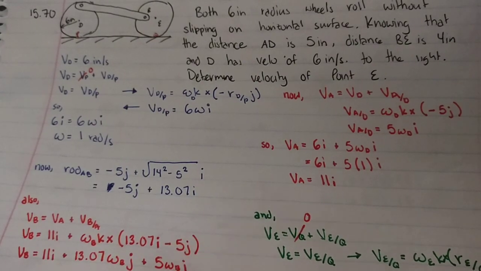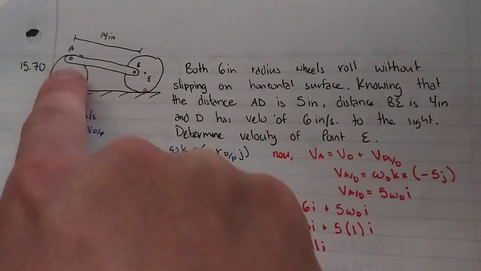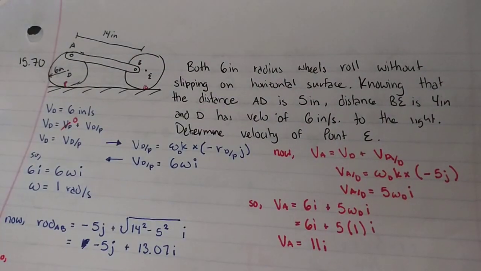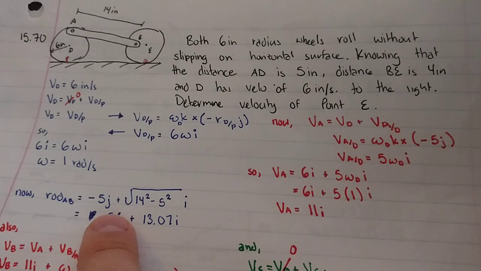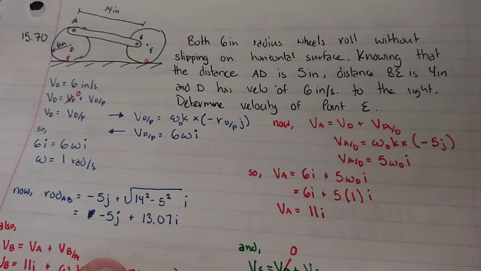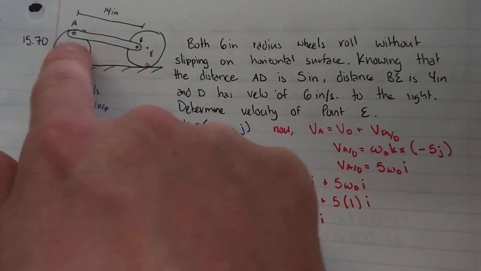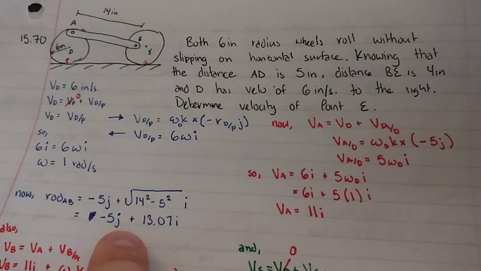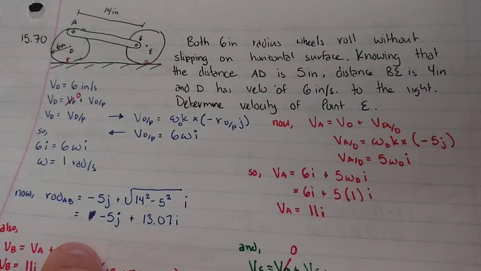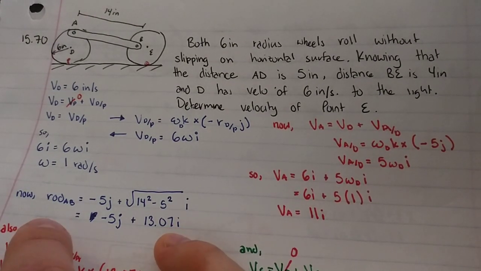Now, we do need to figure out the distance of the rod. So, figure out this. This has an i component and a j component on that rod. So for the rod AB, we know negative 5 is the drop here, and that is going to be plus the magnitude of this, which by the Pythagorean theorem, we're going to solve for: 14 squared plus 5 squared gives us 13.07 i.